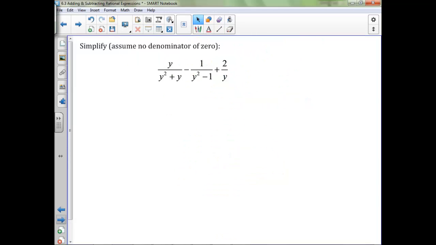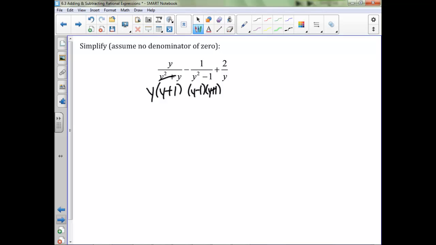Alright, so this one, let's go ahead and start by factoring our denominators. And this one just has a y. So our common denominator, we need everything from this fraction, so we'll have a y and a y plus 1.